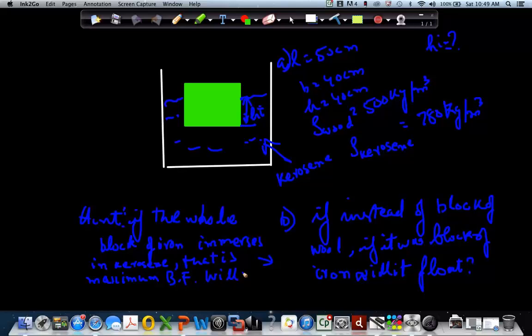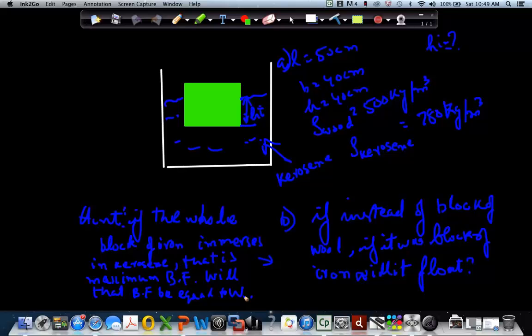Will that buoyant force be equal to the weight, W? If it is not equal, if it is less than weight, then the body will simply dip and fall into the liquid, right?